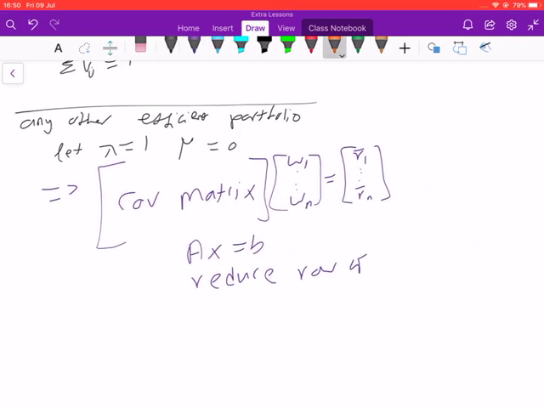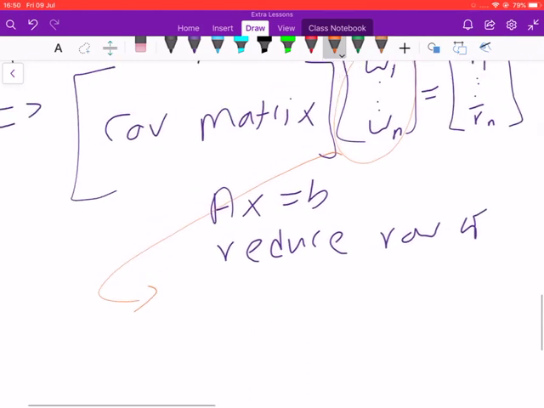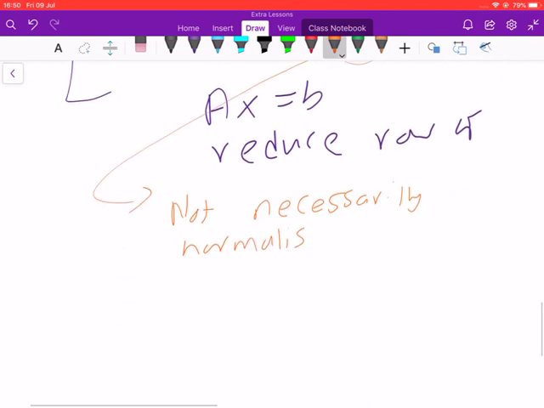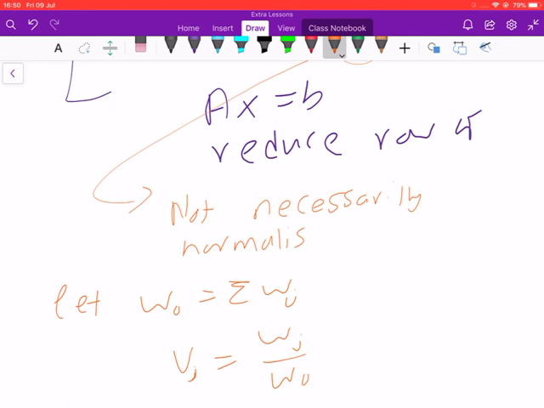And then again, the weights that you are going to find are not necessarily normalized. So to normalize them, you let w0 be the sum of all the weights, and then the weight is going to be weight of j over weight of 0. So this will be your normalized weight.